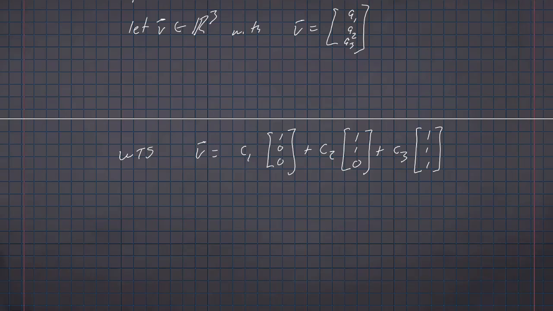And in fact, I can set this up as a linear equation pretty nicely. (a1, a2, a3) is equal to (c1 + c2 + c3, c2 + c3, c3).